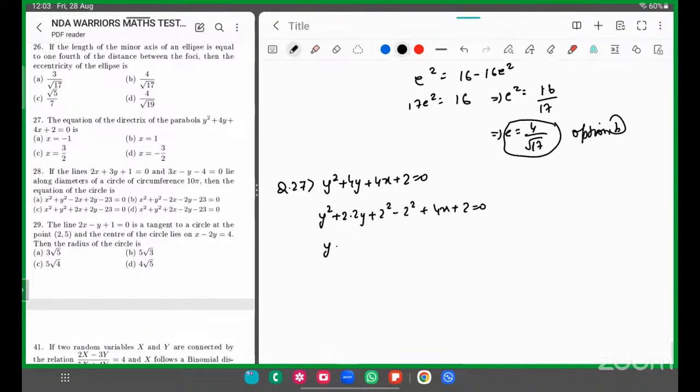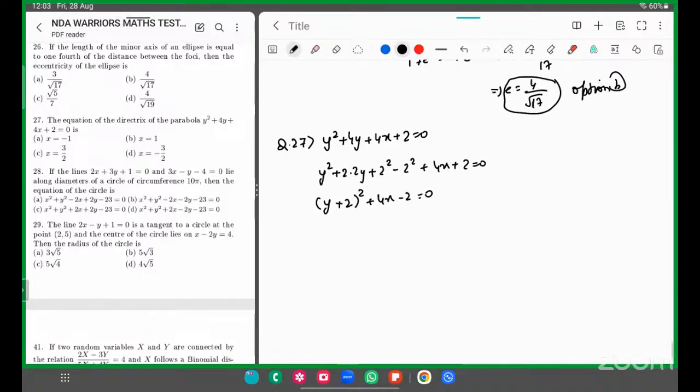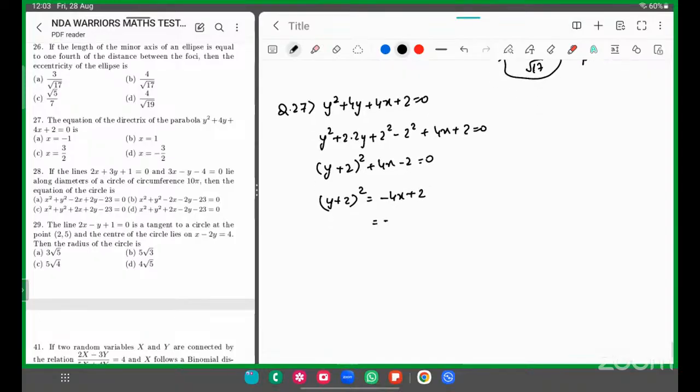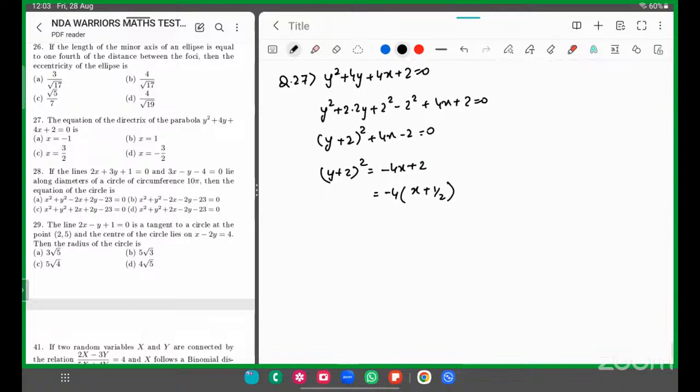It can be written as y plus 2 whole square plus 4x minus 2 equal to 0. So y plus 2 whole square can be written as minus 4 times x plus 2 by 4. If I take common minus 4, I get in bracket x plus 2 by 4, that is 1 by 2, like this.